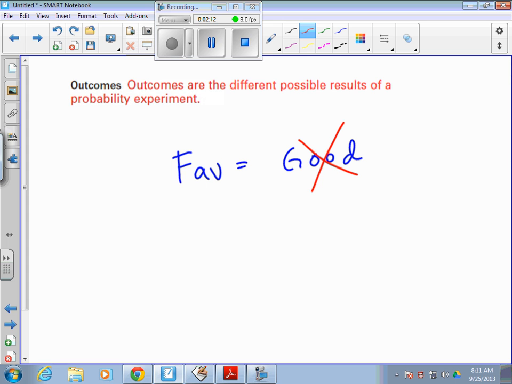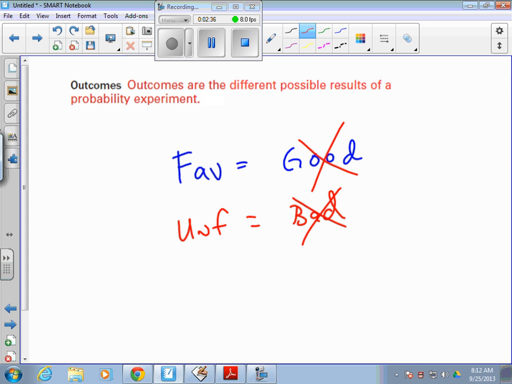So the probability of somebody getting a disease, that's not a good thing. But in terms of probability, that would be the favorable outcome over the total. Favorable doesn't mean good, and unfavorable doesn't mean bad. It just means not the one you're looking for.